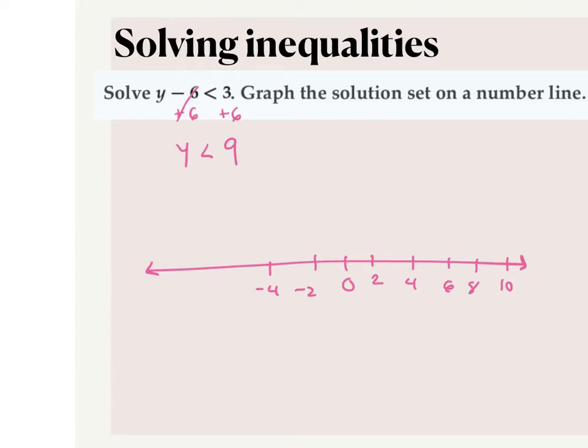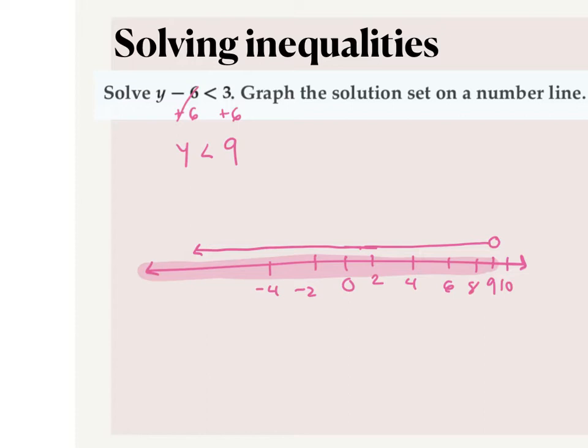What's a number that's less than 9? 8. So we are going to start at 9 and go in the direction that is less than 9. So you can write it on top of the number line or on the actual number line. If you wanted to, you could just highlight. So we're talking about all the numbers in this direction. But the important part here is that 9 is not included.